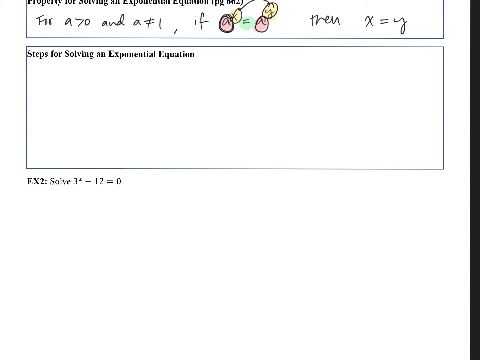So steps for solving an exponential equation. What's the first thing? First thing, need to have the same base on each side of the equal sign. So in this case we had a and a. What's the next step? Step 2, simplify the exponents.